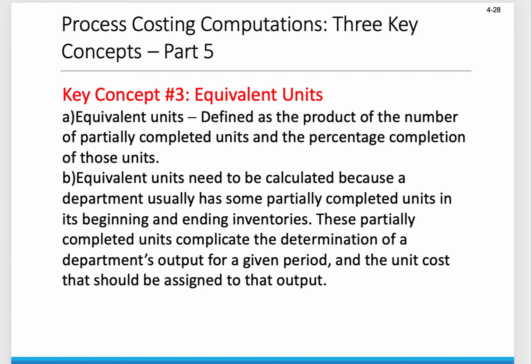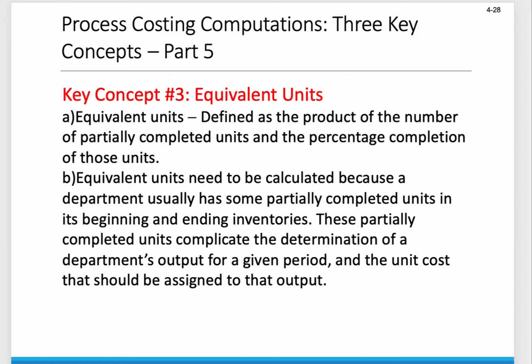So let me repeat that. All we're doing when we calculate equivalent units is nothing more than restating the ending WIP as if the WIP included a smaller number of fully completed products.